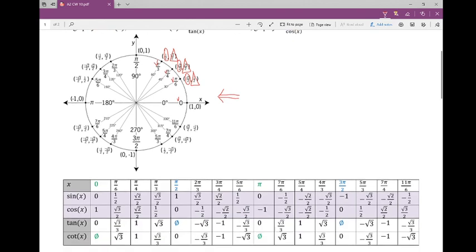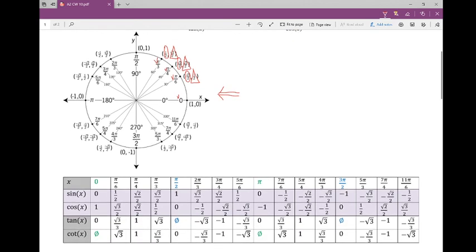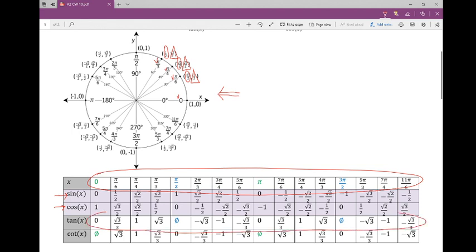And so when we made a table of values for sine and cosine, as you can see here, for every radian measure, I was able to find the tangent value because I already knew the sine and cosine values at those radians.